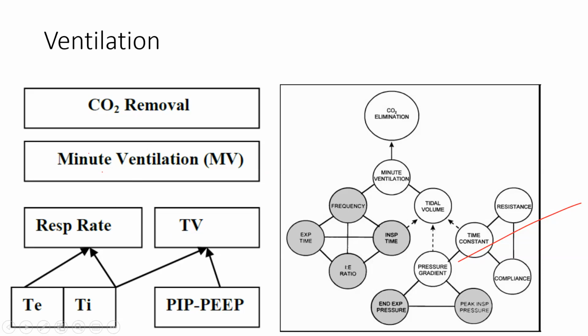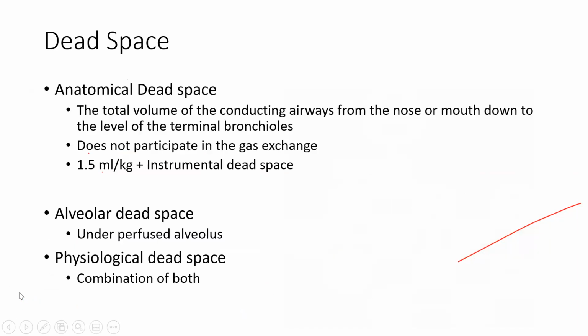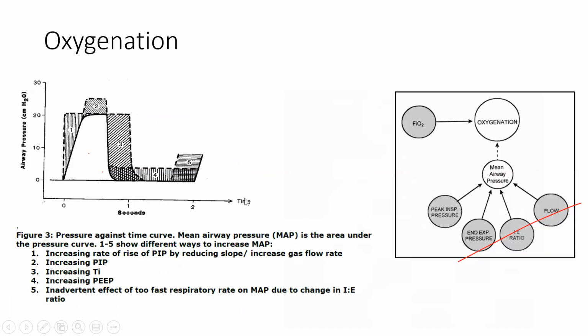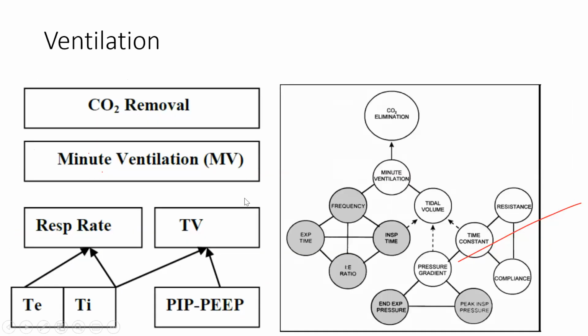So if you're making a change in the PIP or inspiratory time or the PEEP, indirectly you are affecting both the ventilation part and also the oxygenation part. But if you're keeping TI, PIP and PEEP constant, and only changing the respiratory rate, which means the expiratory phase of the ventilation, you are changing only ventilation but not oxygenation.